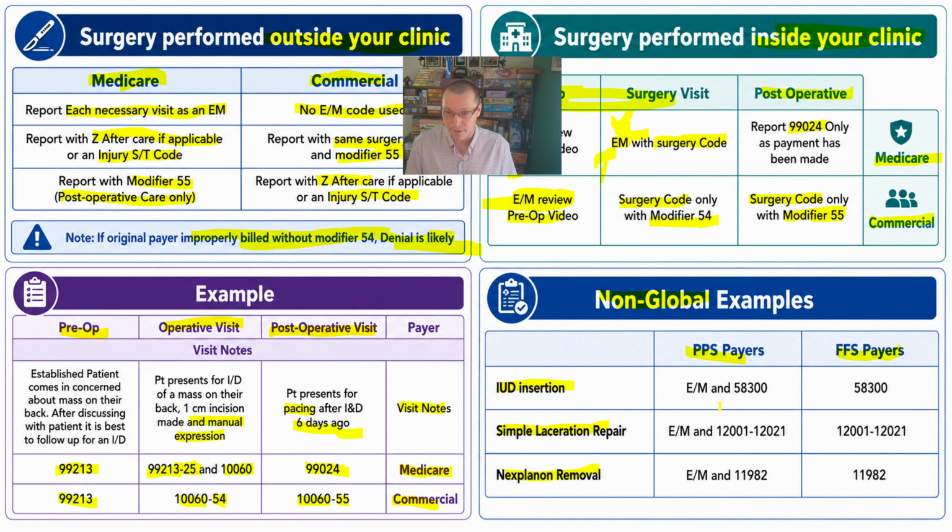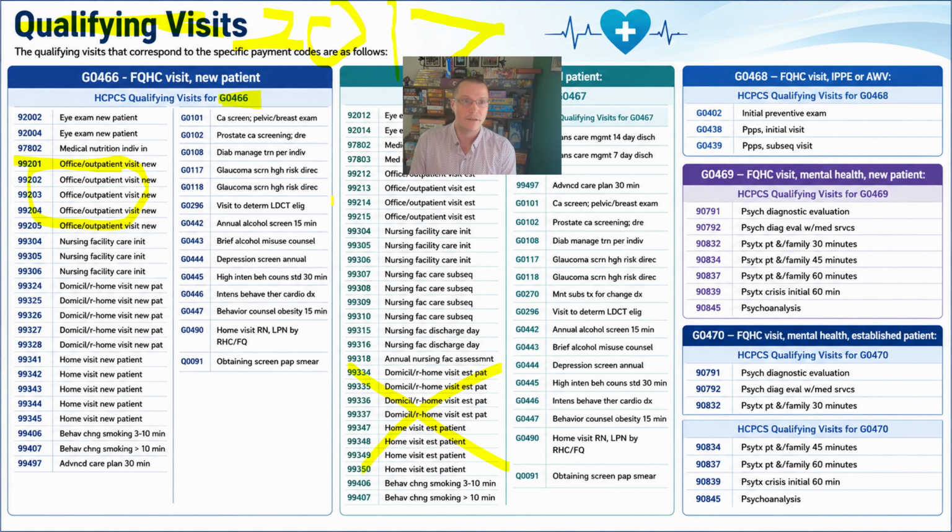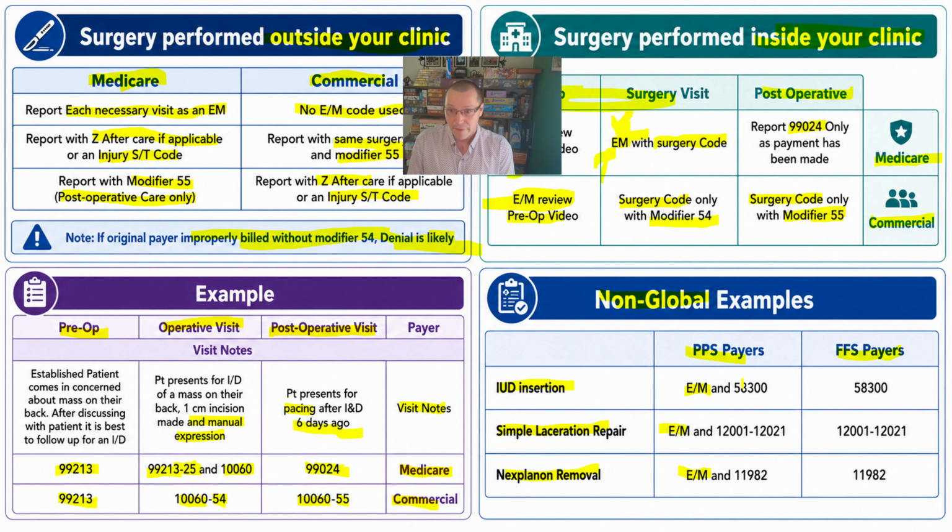You will always have to attach the E&M code every single time when you're dealing with a PPS payer. Because remember, the E&M code is what triggers these G codes for us getting the PPS payment. The actual procedure itself will not get paid by the PPS service.